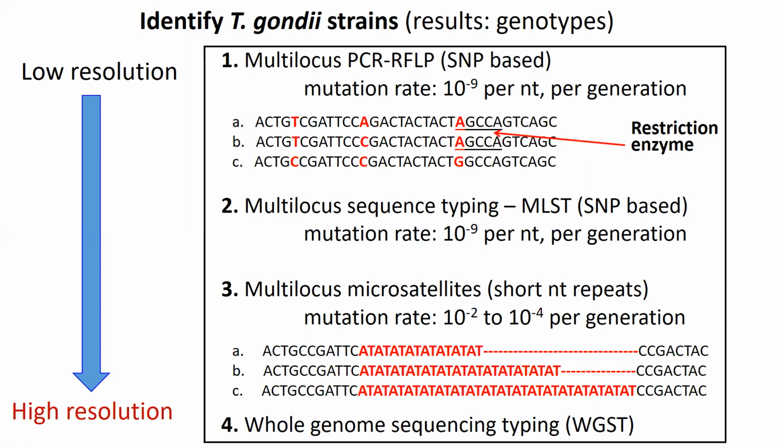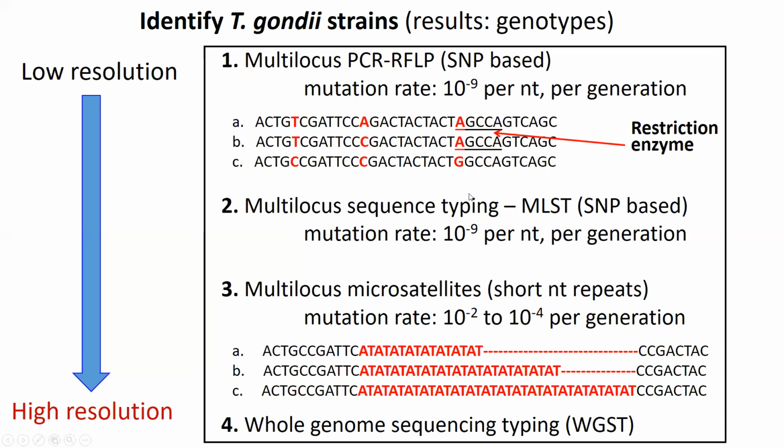However, if you sequence all 3 strains, you get all the sequences, and then you can use the sequence data to compare the differences, and that is sequencing typing. If you use multiple loci, it becomes multi-locus sequencing typing. So that increases the resolution compared to the PCR-RFLP based method.